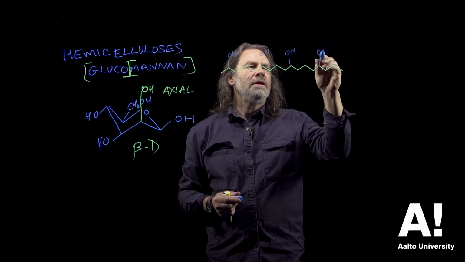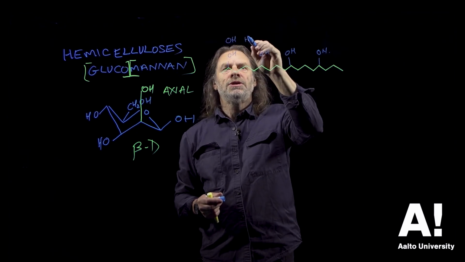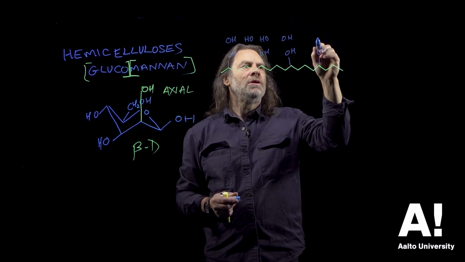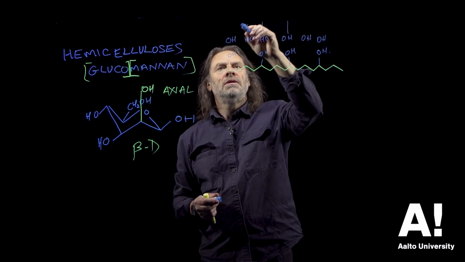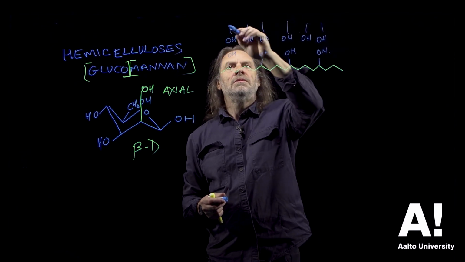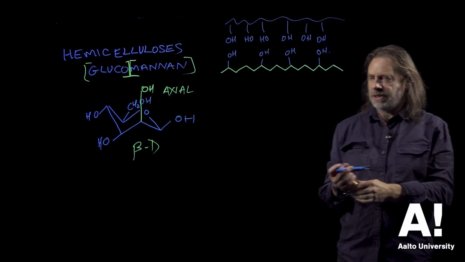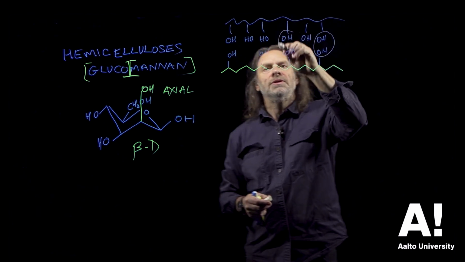And those hydroxyl groups are able to match with the hydroxyl groups on the cellulose backbone, the surface of the microfibril. So these ones here are able to hydrogen bond.